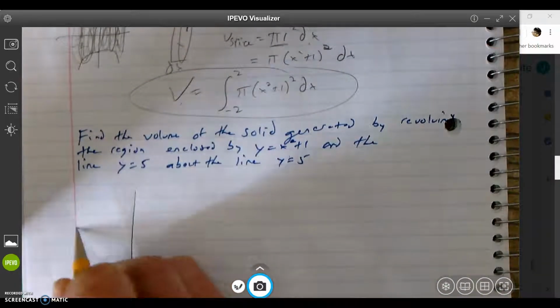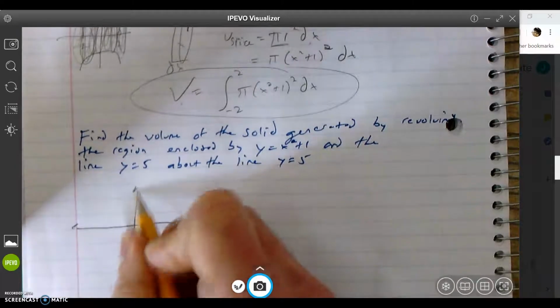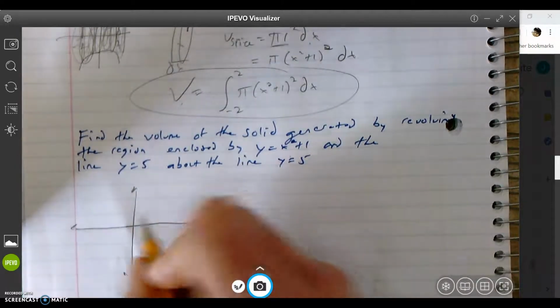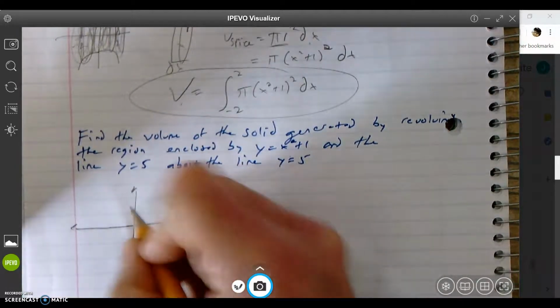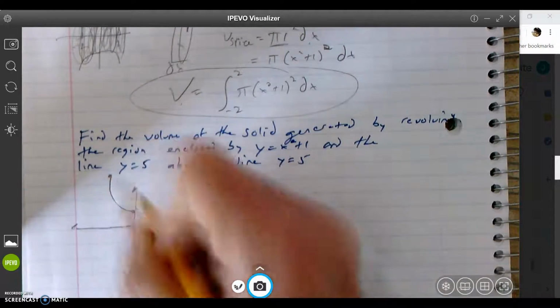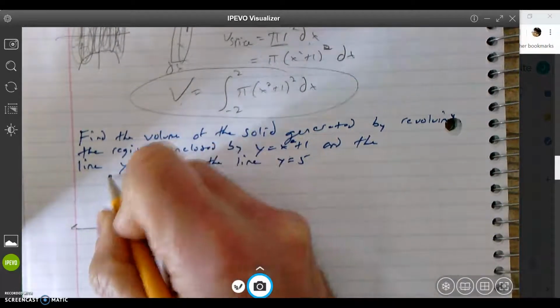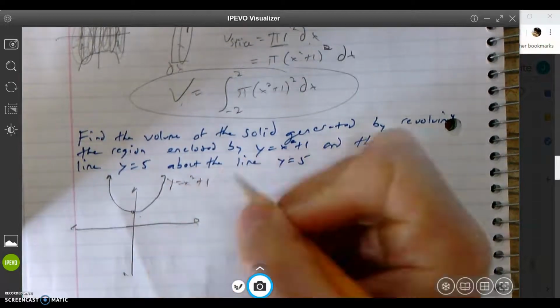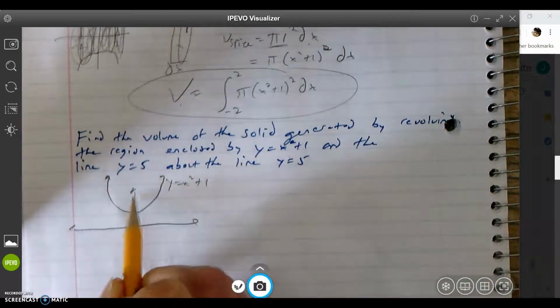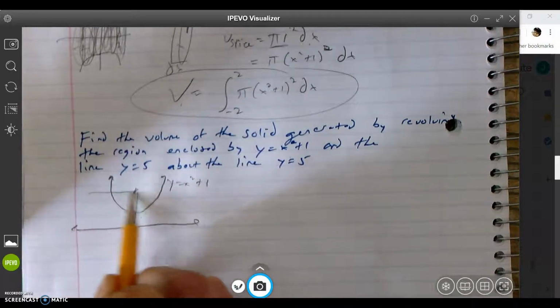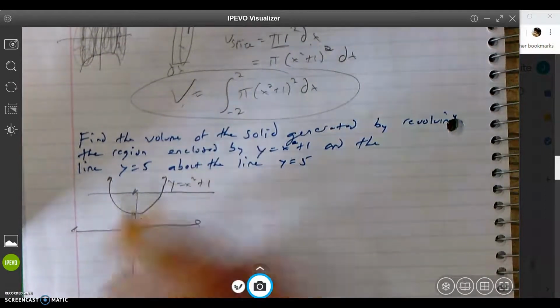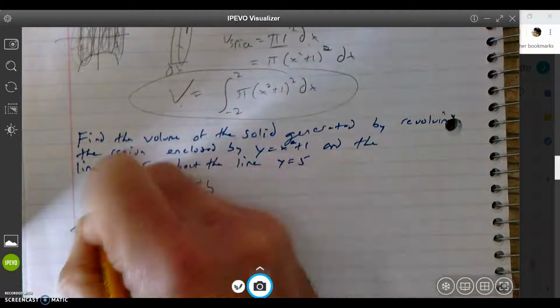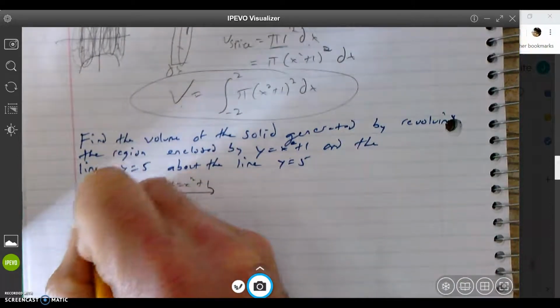All right? So y equals x squared plus 1 looks like this, just like before. Parabola, y-intercept is 1. And the line y equals 5 looks like this, straight across, and it goes forever in both directions.